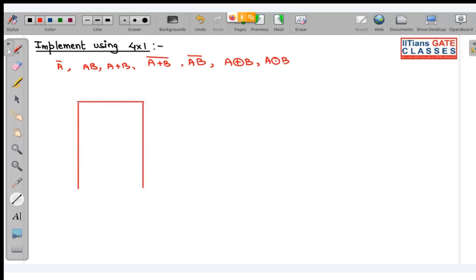If I want to implement an inverter, I can do so. Suppose I want to construct this function. So how can I do it?